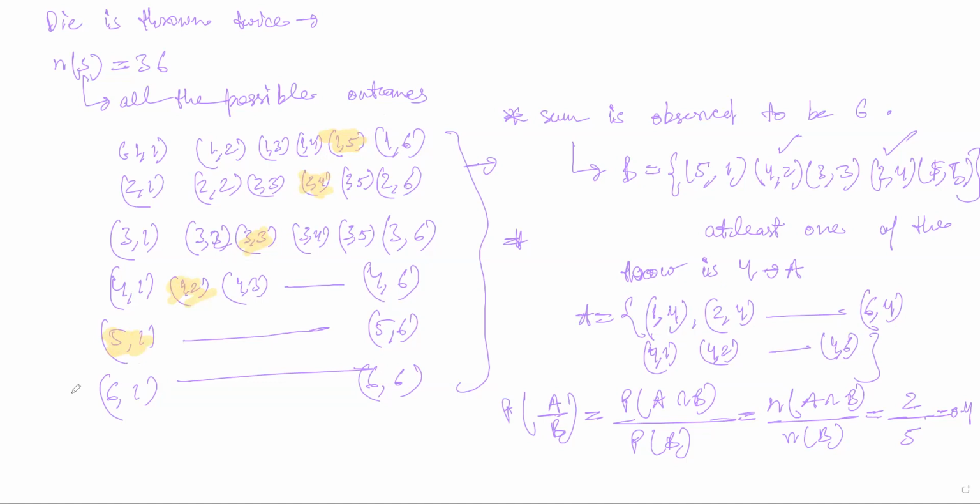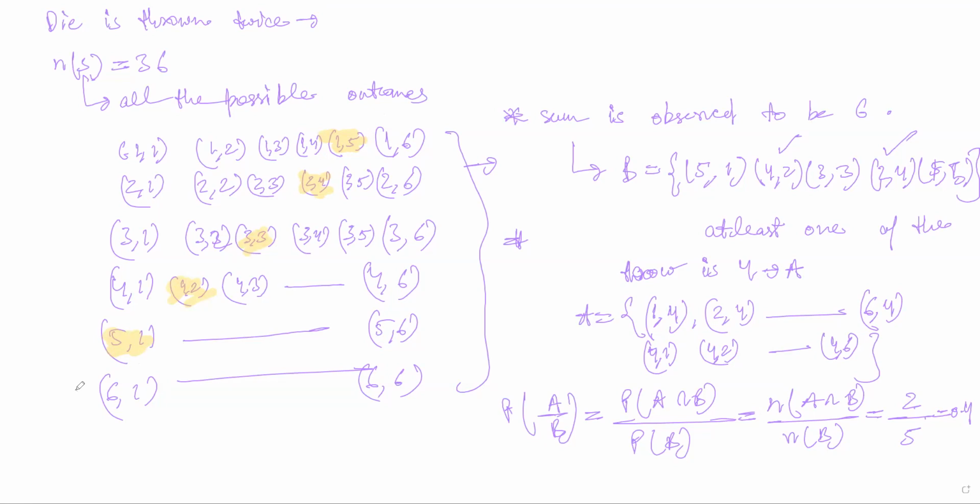These are 5 elements which represent the condition, which has already happened. The condition is that the sum is 6. If the sum is 6, we know that there are only 5 possible elements.